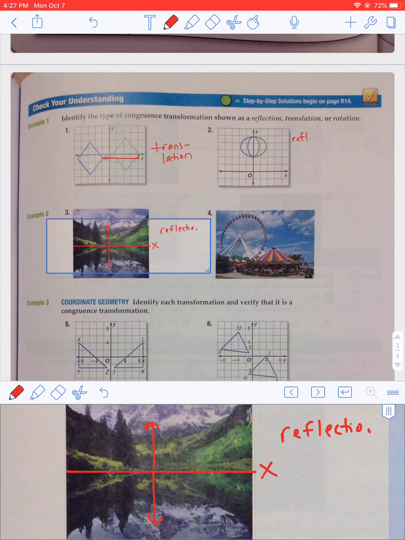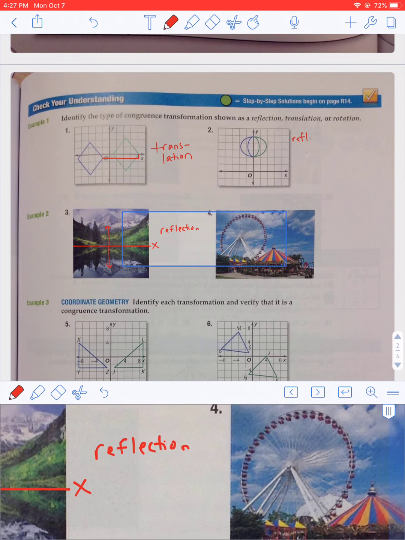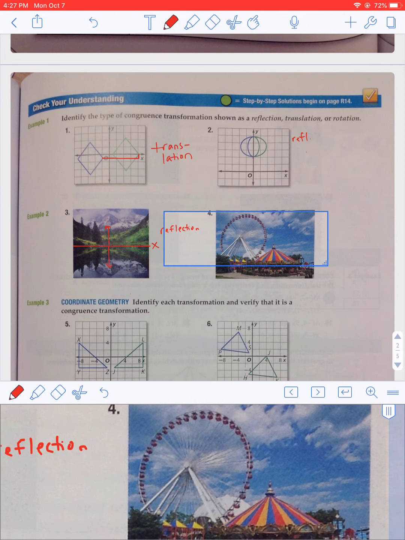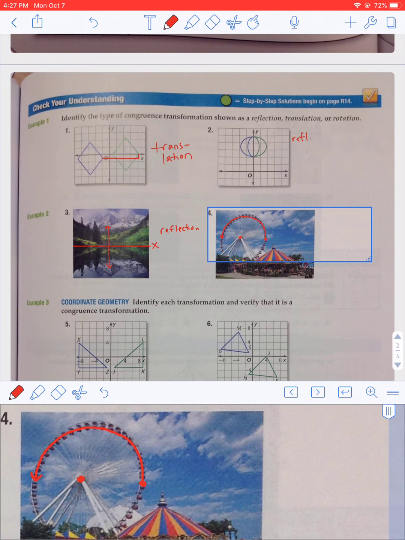And if you were looking at this picture, you'd probably say, oh, look at it reflecting in the water, you know, be really cool. Okay, and then you think of a Ferris wheel. It rotates around this point right here, right? So it might start here, but then it's going to rotate around, and that person will eventually be right over there, right? So that would be a rotation.